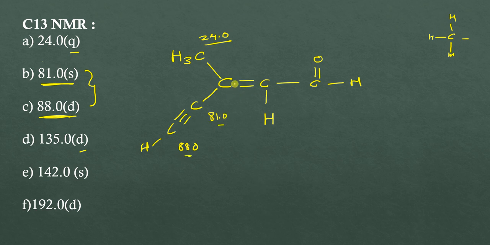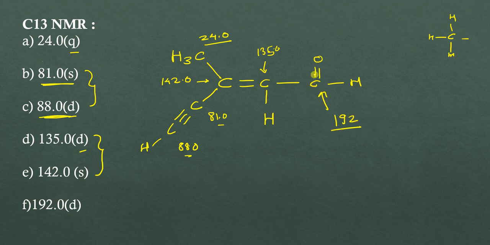Then we have alkene. So these two peaks are for alkene carbons. So this 135 doublet must be for this carbon bearing hydrogen. This is for 135.0, and this is a quaternary carbon, so this must be 142. This has appeared as a singlet, so this must be this one. And this is a carbonyl carbon, so 192, right?